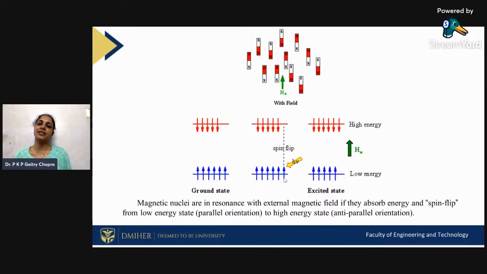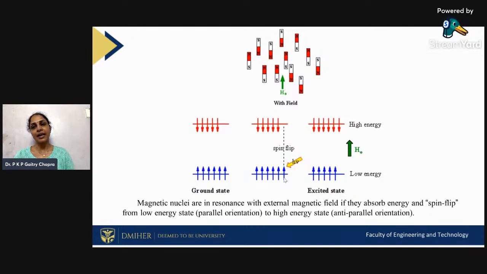Now again, if we repeat the same process, a time will come when all the nuclei have gone into the higher energy level. What could happen then is that the NMR spectra will no longer be shown by this particular molecule.